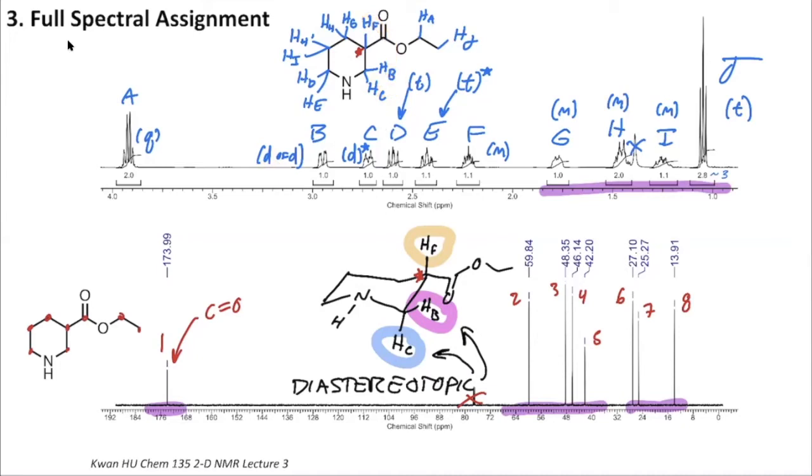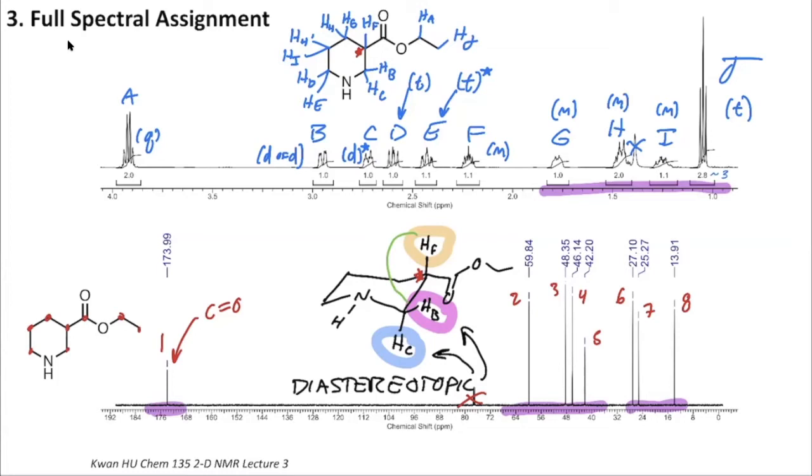Let's do a little thought experiment about the splitting using this chair that I have down here. Again, I don't know if it's the right one for this data or not, but working through this splitting practice, thinking about the magnitudes of different J's will be really, really useful to you on your post-lab assignment. So if we're looking at HB, we're saying HB is split by HF like so, and the magnitude of the splitting is going to have to do a bit with the dihedral angle between the two.